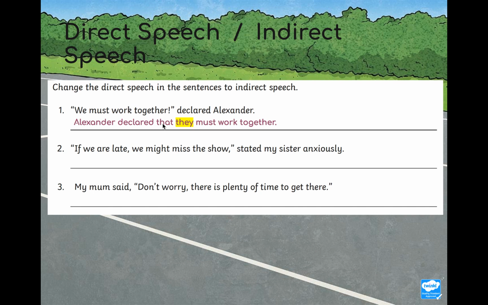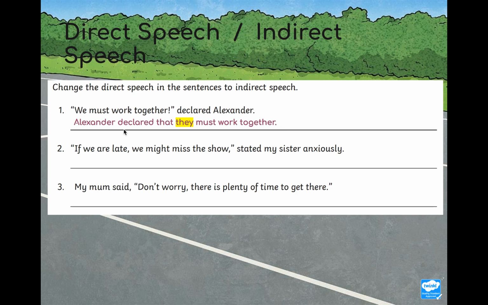Alexander declared that they must work together. If I took out the word that and I put quotation marks, he could still be talking to another group. So also the word that is very important here. Alexander declared that they must work together. Now it's telling you what he said, but not the exact words because he used the word we.